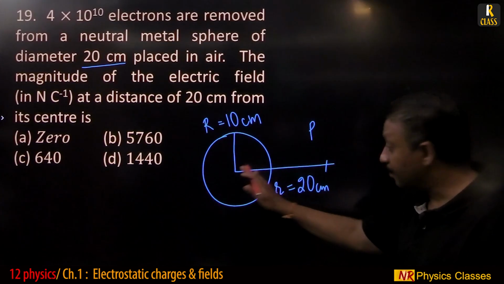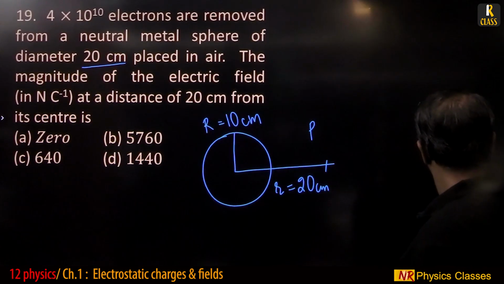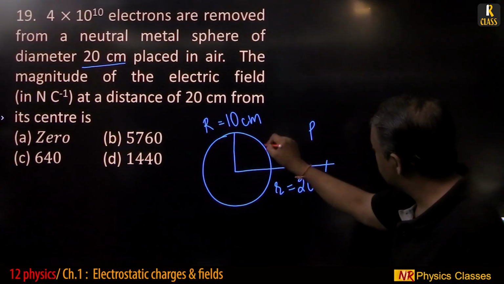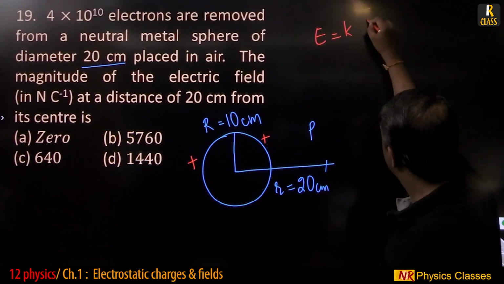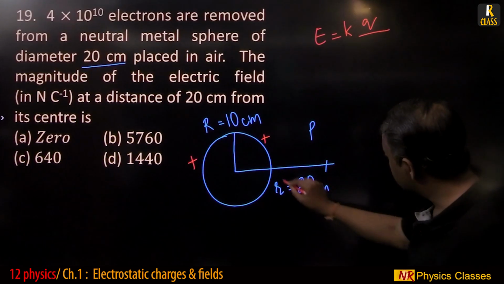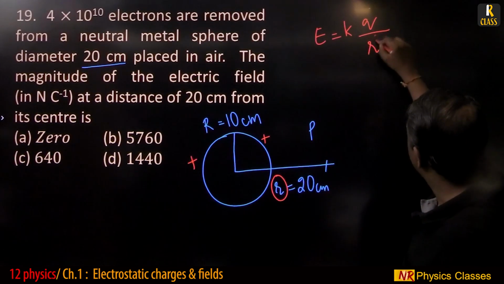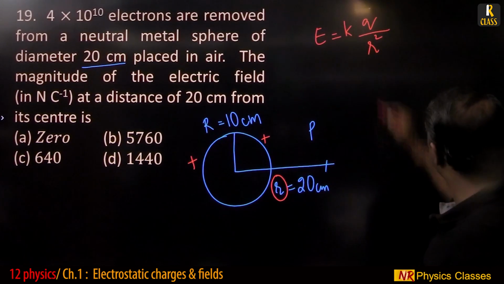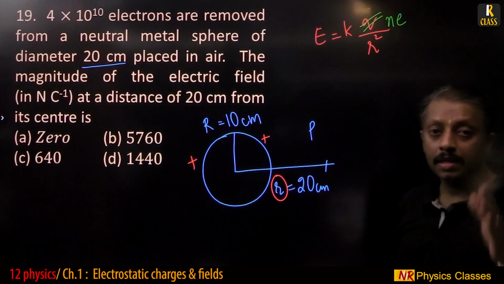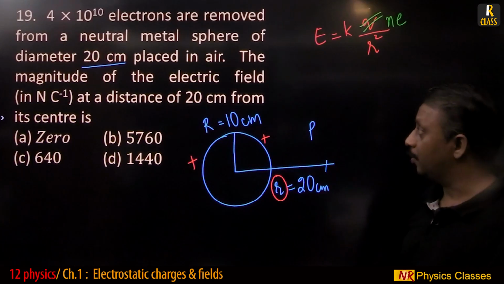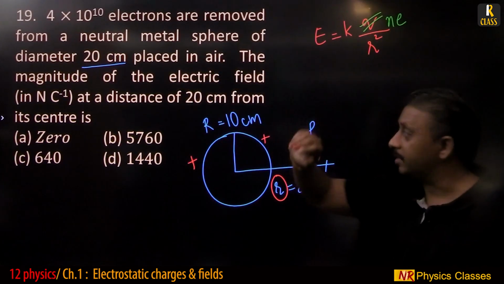So the electric field at a point outside the charged sphere means the electric field is constant times charge by r square outside the sphere. But this charge is n into e. Quantization of charge, isn't it? Good, because the number of electrons is mentioned.